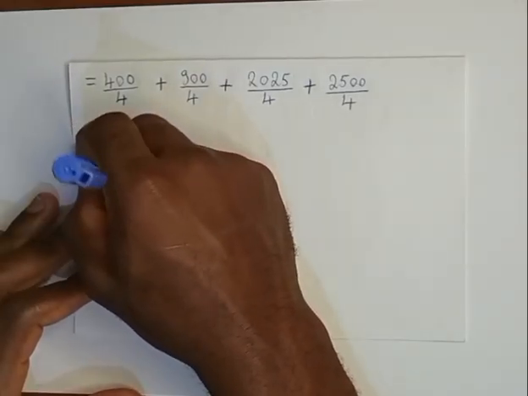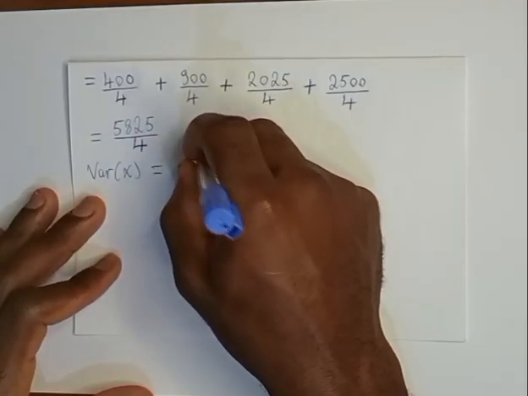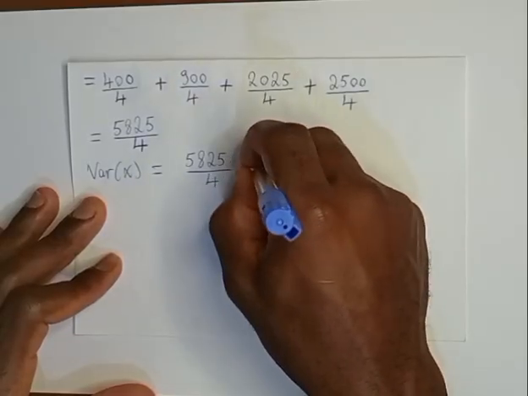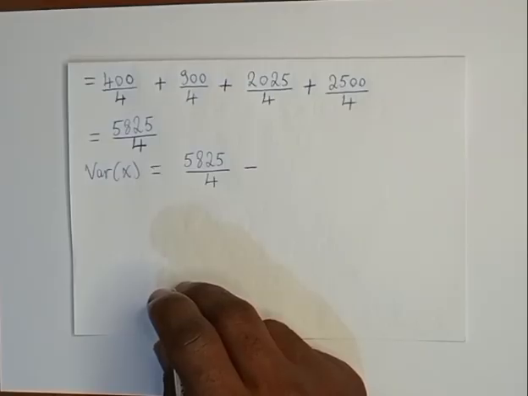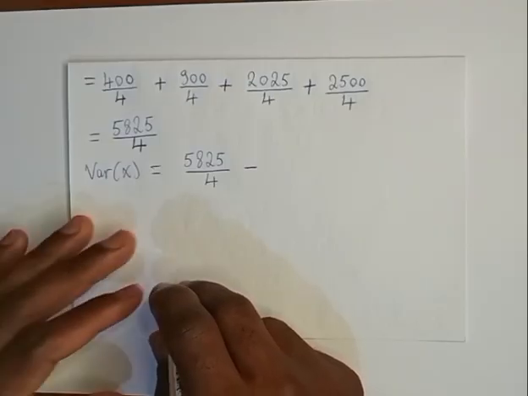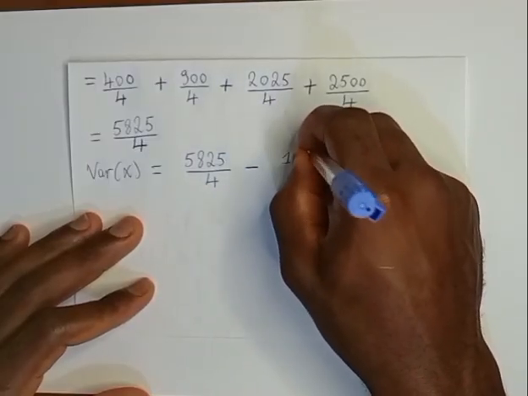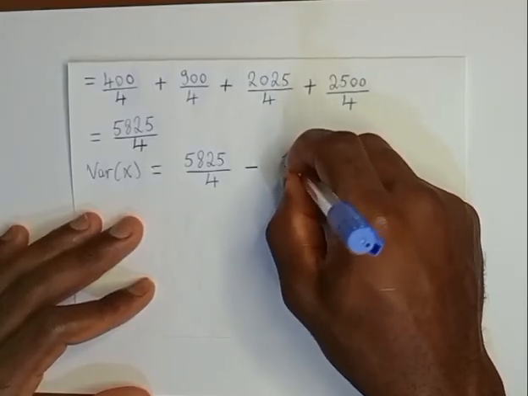Now the variance of x will simply be equal to 5825 over 4. We subtract E of x, the expectation which we calculated, and it gives us 145 all over 4 as a fraction.